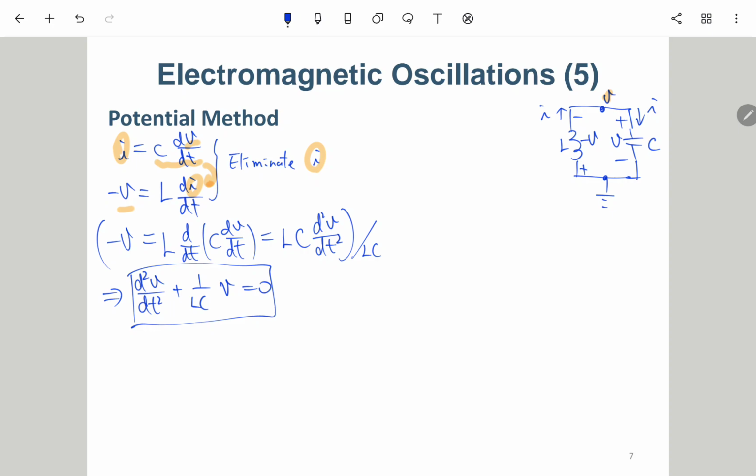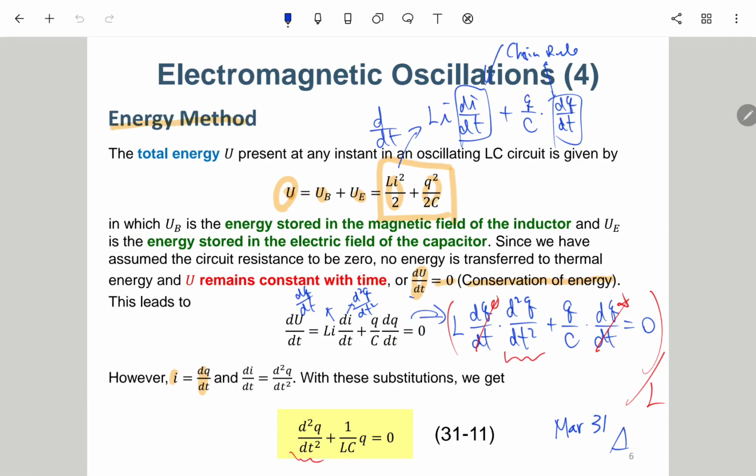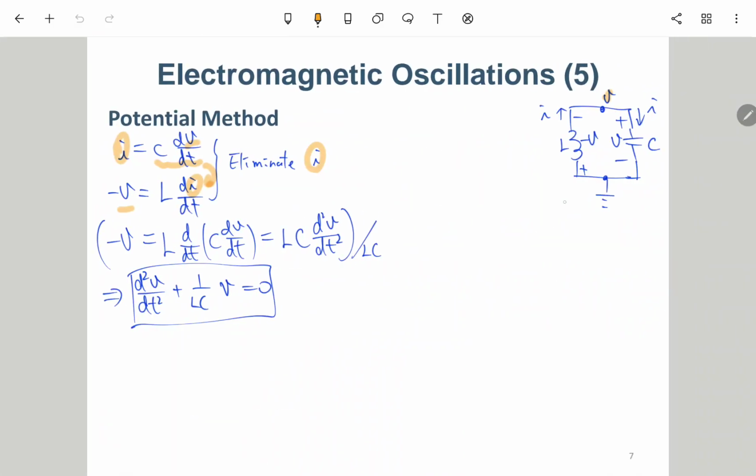Okay, so this is it. And then you may say, oh, this is different from the previous one. Here we have Q. But as this is a linear system, or linear circuit, for any unknown variable, you can simply exchange it to an arbitrary variable.